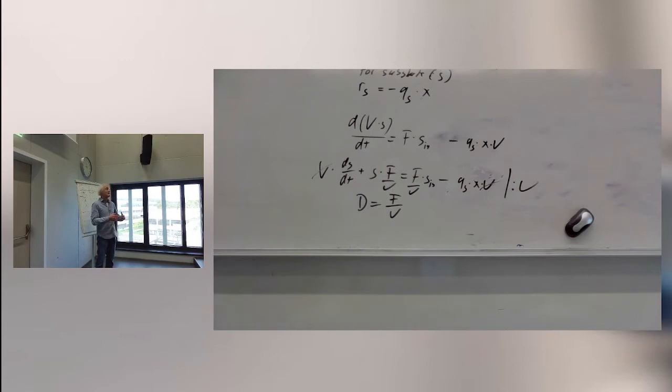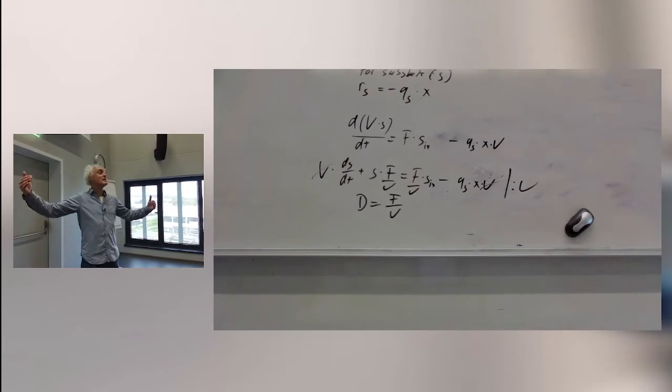So it makes sense to put that in relation to the volume of the bioreactor. And this is exactly my dilution rate. That's the rate at which I dilute everything. If this is 1, this means per time unit, I pump in the same volume as my bioreactor has.